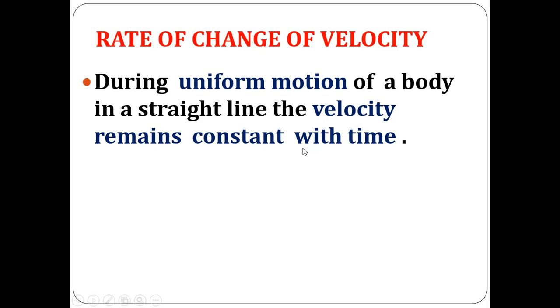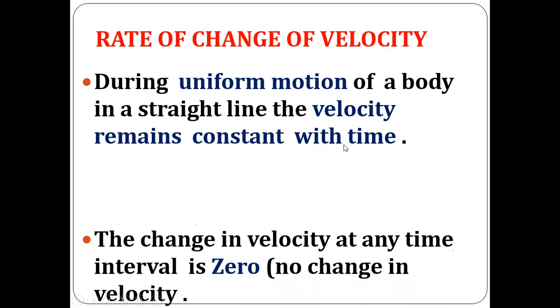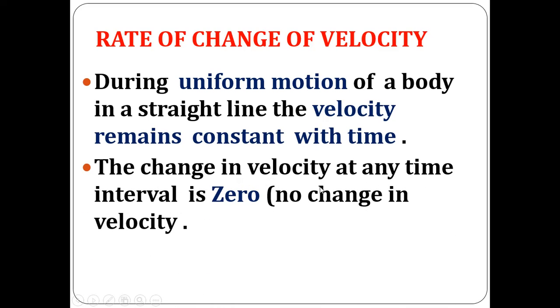It will be constant with time. So the change in velocity at any time interval during uniform motion of a body is 0, as there is no change in velocity.